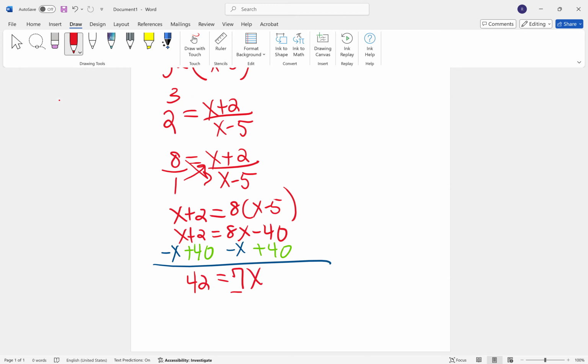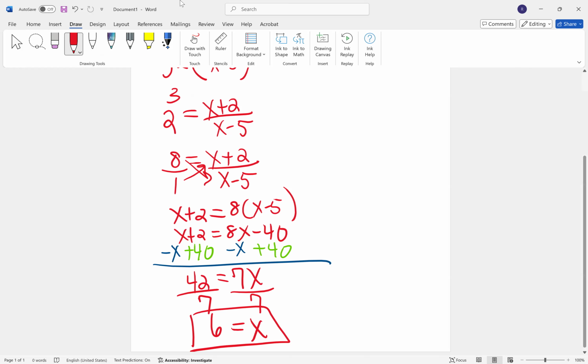And to solve for x, now I could divide by 7. 42 divided by 7 is 6. So we get x is equal to 6. And again, you could go back to the original and check your answer.